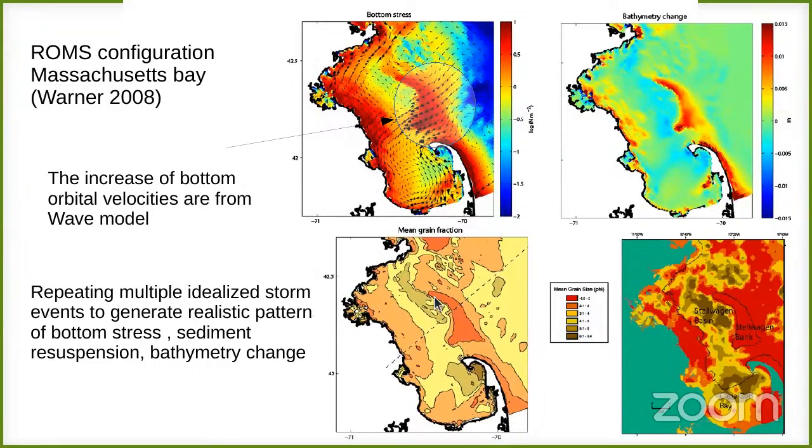If you want to recreate the different patterns you have, here we have a bank, Stellwagen Bank, and here is the model, and we see a correlation between bottom stress and this pattern, and it fits well with the grain size we observe there.